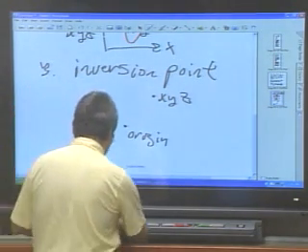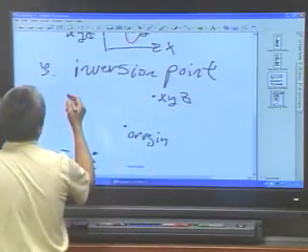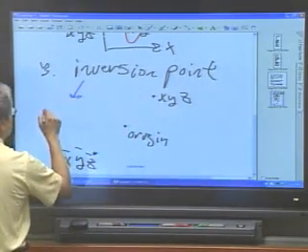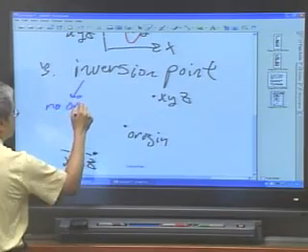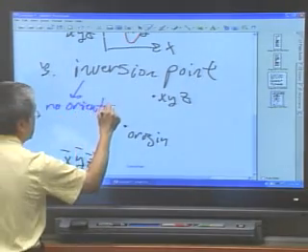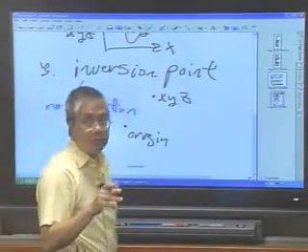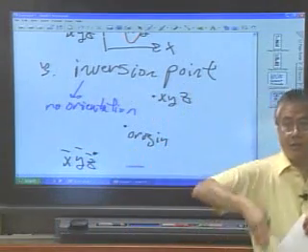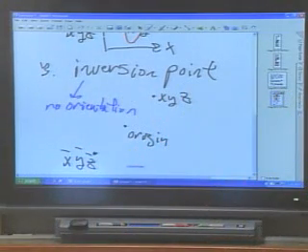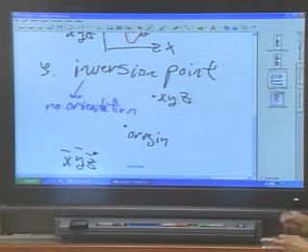Now the key thing about inversion point symmetry is that it has no orientation. It's a point, right? A line has an orientation and a plane has an orientation, but a point doesn't have an orientation. The significance is that if a crystal has inversion point symmetry, you can't say it has inversion symmetry only when you look in this direction but not in that direction.